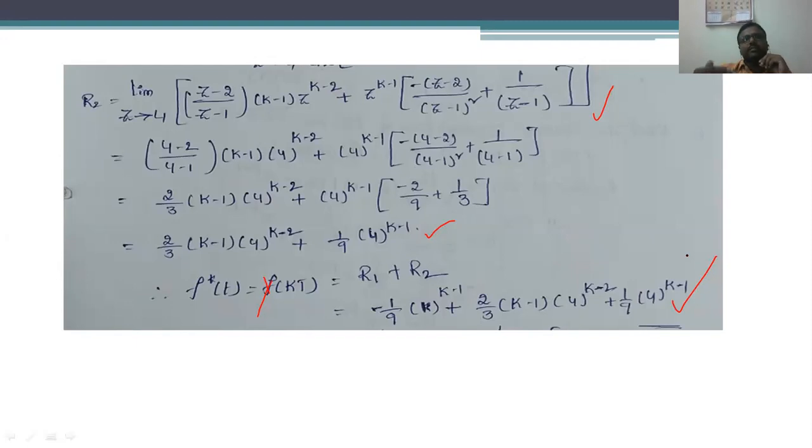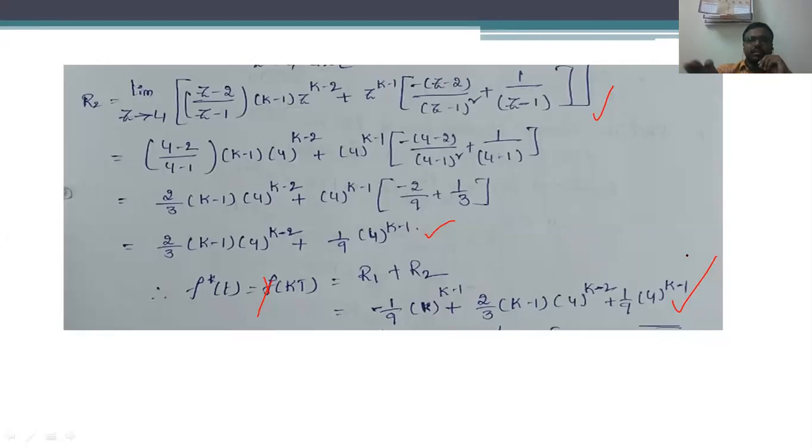The name itself explains it. A long division is going to be carried out. X of z will be given and we are going to apply the simple division process and obtain the values of x of 0, x of 1, x of 2 and so on.